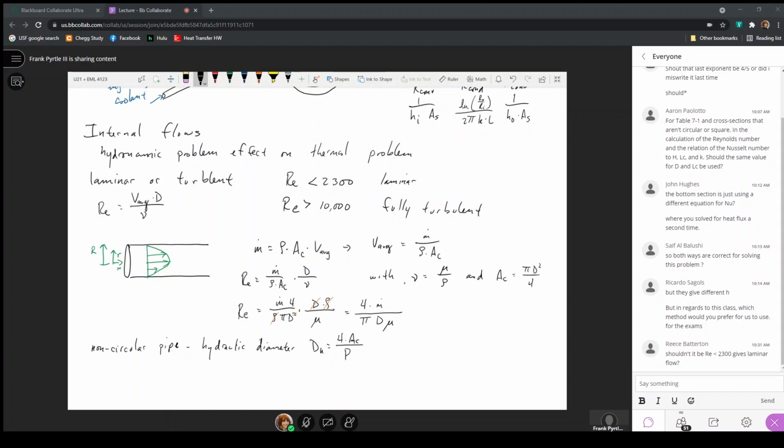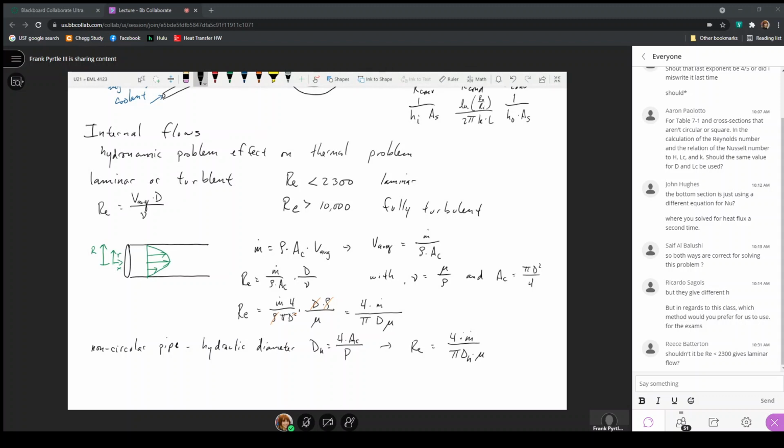So if I have a square pipe or a rectangular pipe, then I would consider, well, what is the cross-sectional area, which we can calculate. That's the cross-sectional area for the flow divided by the perimeter of the flow, which is the length of the sides. And we would calculate the hydraulic diameter and use that expression in the Reynolds number, so that the Reynolds number just becomes 4 times m dot, which is the mass flow rate, divided by pi times the hydraulic diameter times mu.